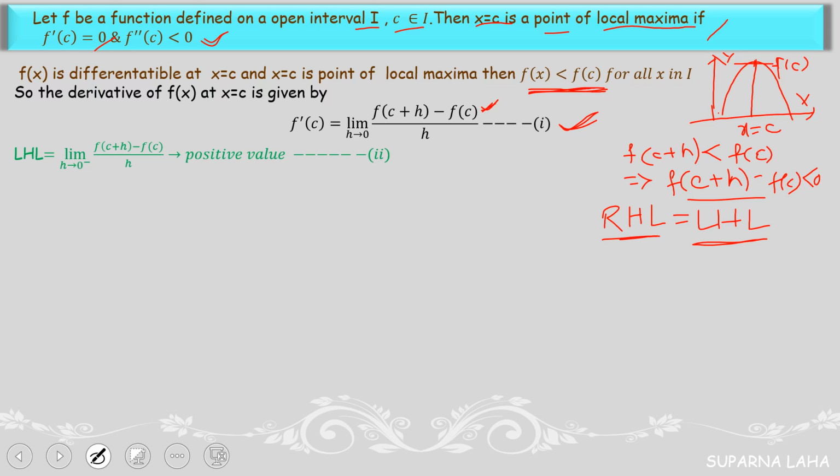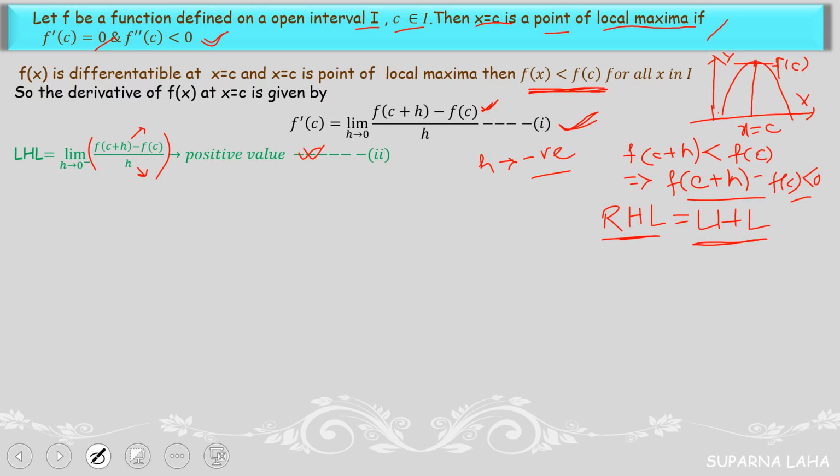As h tends to 0 minus, I am taking h just less than 0, that means h is negative, so the denominator is negative but the numerator is also negative, so negative upon negative. So in this limiting value both denominator and numerator are negative, so this will give a positive value.